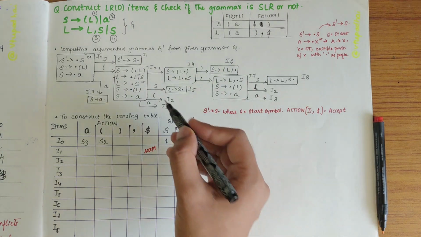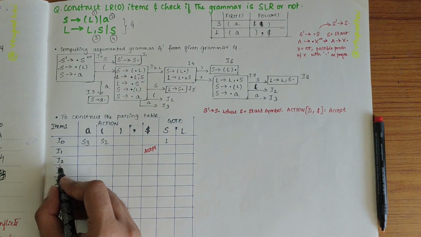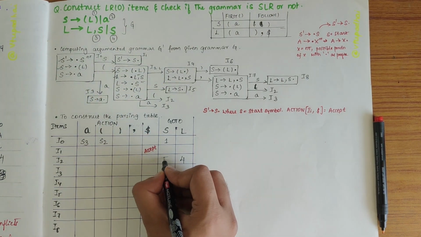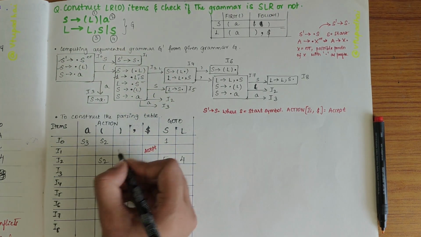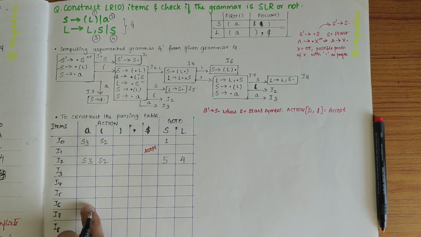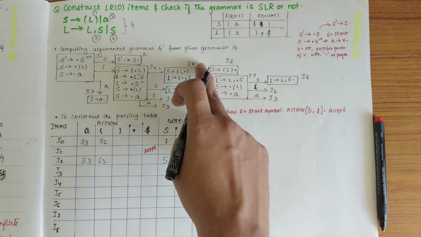Moving on to I2. I2 over L, I get I4. I2 over S, I get I5. And I2 over open bracket, I get S2. And I2 over small a, I get S3. Now I2 is done, I3 nothing, I4.